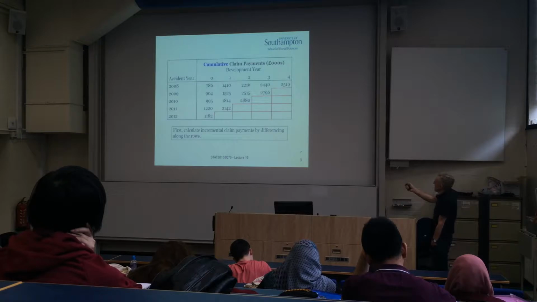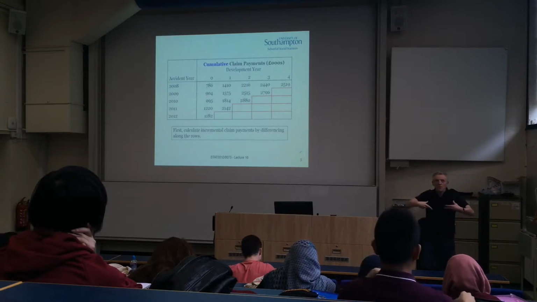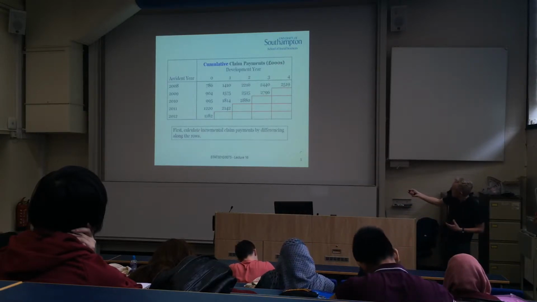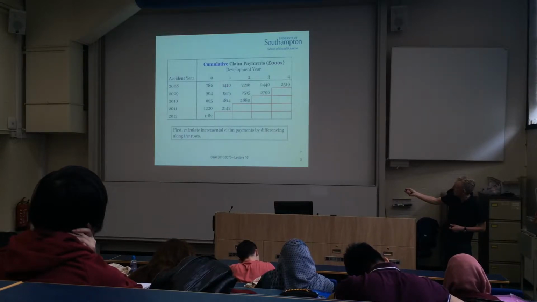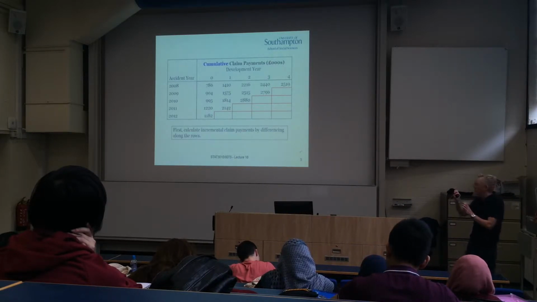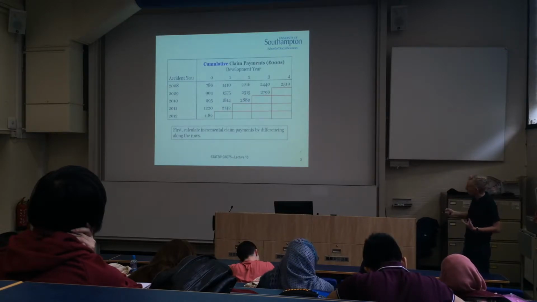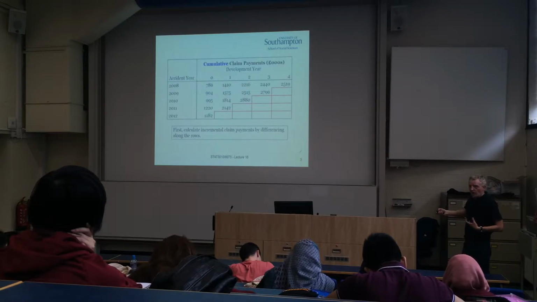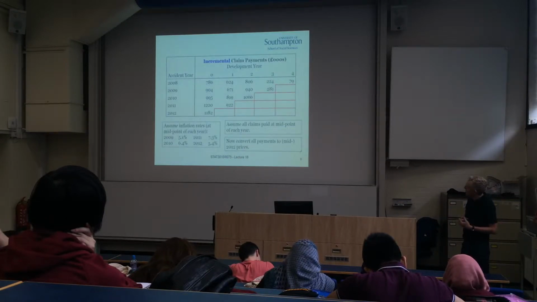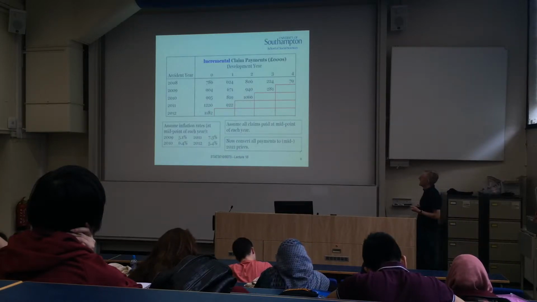Alright, and then carrying on, the amount paid in 2010 corresponding to accidents in 2008 will be 2216 minus this cumulative total of 1410, whatever that is, 806. So you just work your way along each row of the table to get these incremental payments. Okay, everyone happy? So we produce, by doing that differencing along the rows, this table of incremental payments.